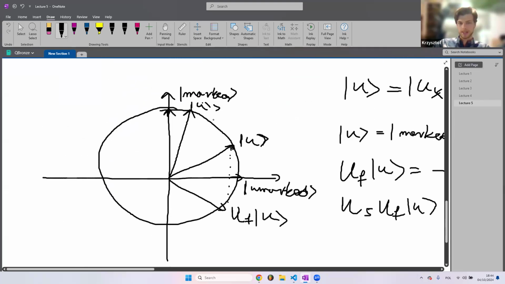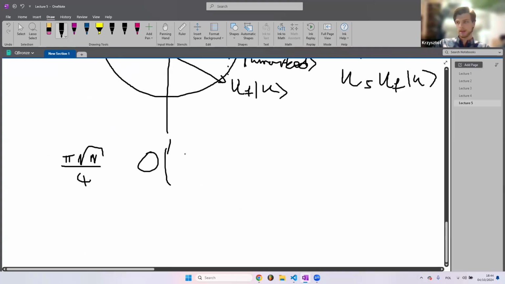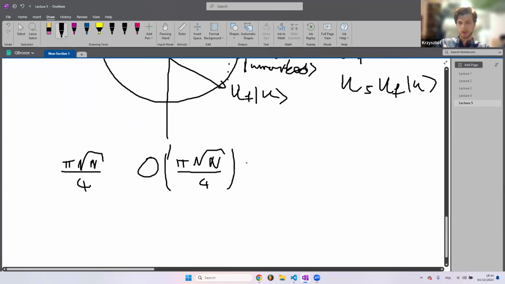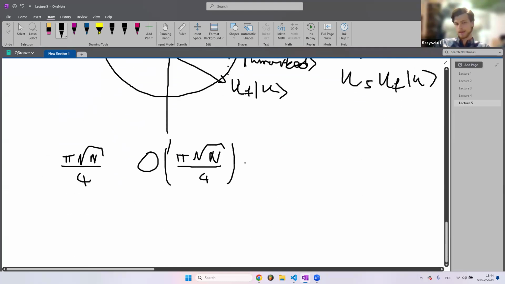So in the worst case scenario, we need to apply pi times square root of n over 4 steps in order to get as close to the marked element. But it is also proportional to just square root of n. So sometimes those constants are just omitted.